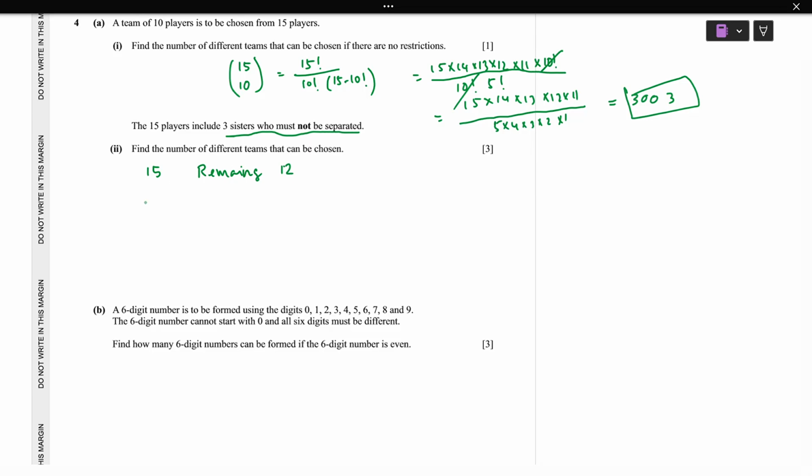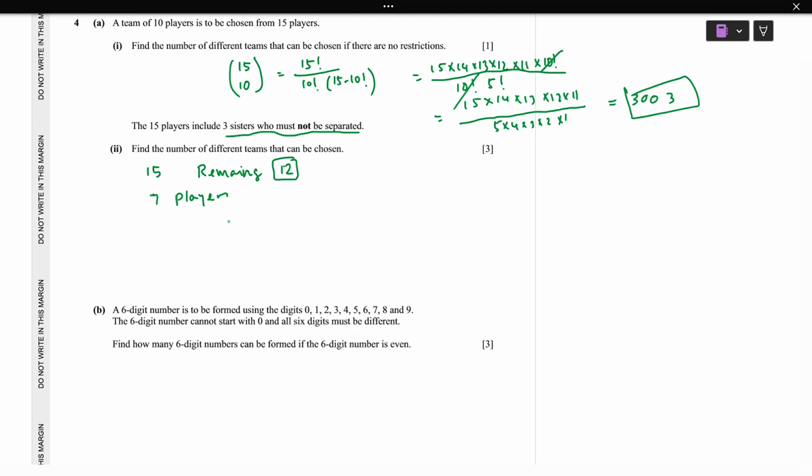Now no need to place 10. Now we need to use only 7 players, because the 8th, 9th, 10th are going to be the sisters together. So that will be considered as one unit. So we need to choose only 7 players. Out of 12 players we need to use 7 players.